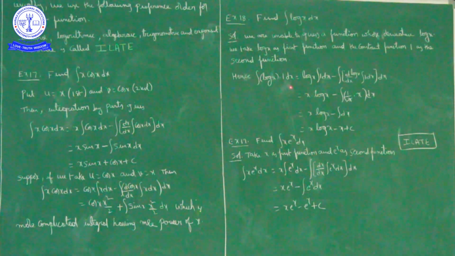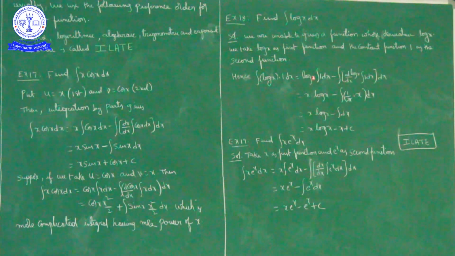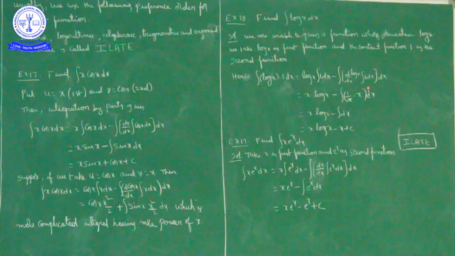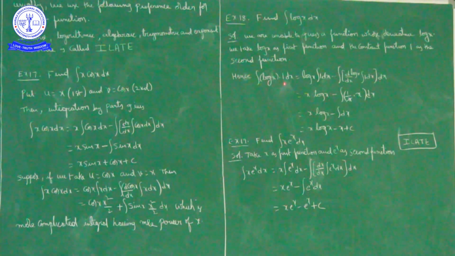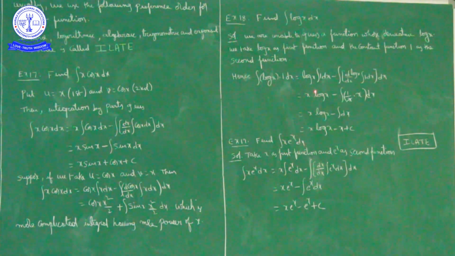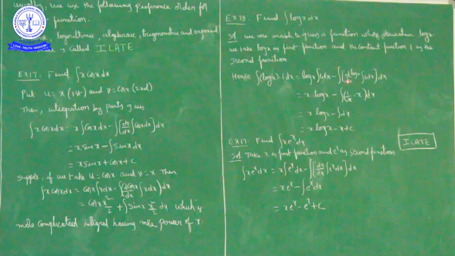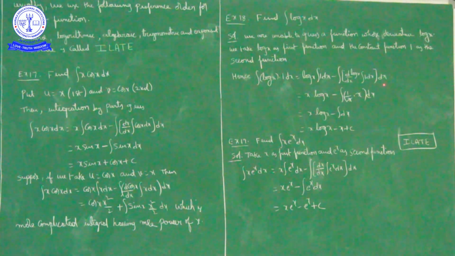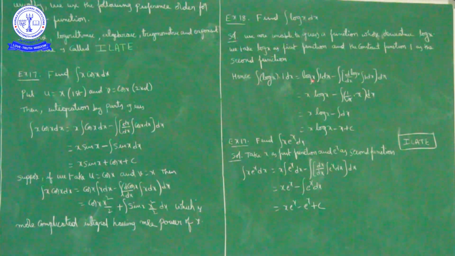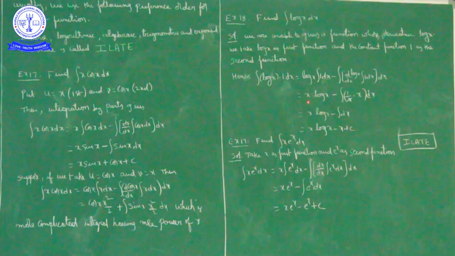Now product of uv is equal to u into integral of v minus integral of derivative of u into integral of v. Okay, that is the formula. So integral of log x into 1 dx equals log x into integral of 1 dx minus integral of derivative of log x into integral of 1 dx into dx. Okay, log x as it is, integral of 1 dx is x.